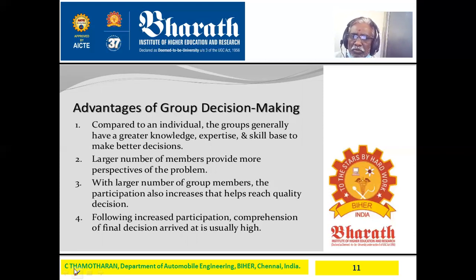With a large number of group members, participation also increases, which helps reach quality decisions. Following increased participation, comprehension of final decisions arrived at is usually high.